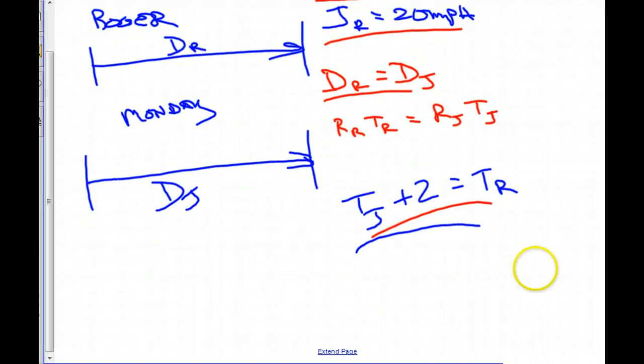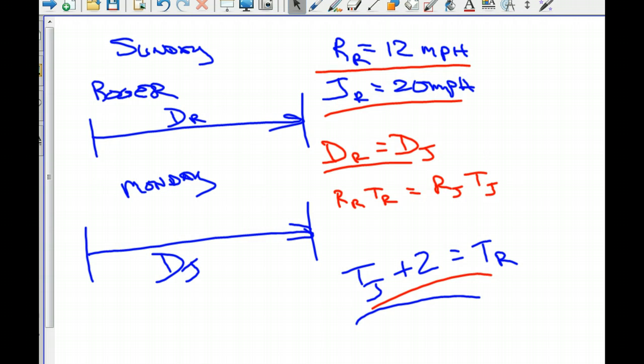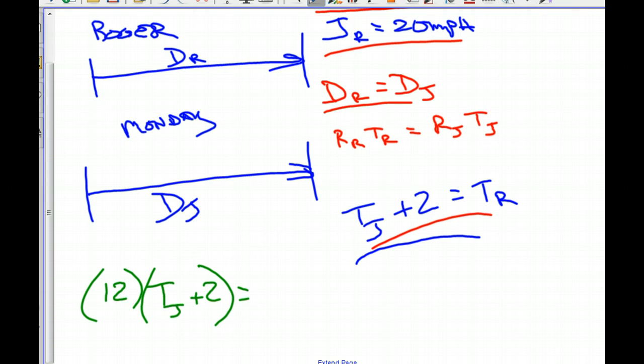Let's go ahead and write this. RR is 12. TR is time of Judy plus 2. What is the rate of Judy? 20 times the time of Judy.